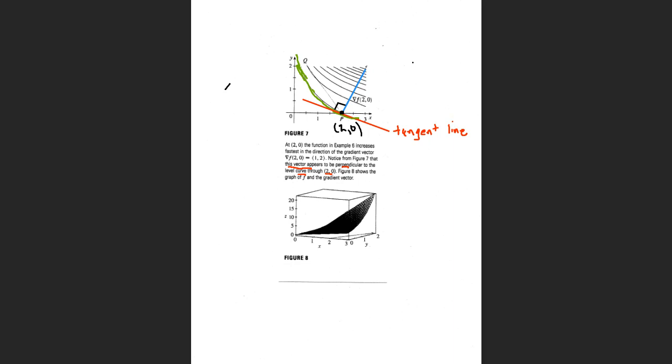At the point (2, 0), the tangent line and the level curve have the same slope. So that's why the gradient vector for the function at (2, 0) is perpendicular to the level curve at the point (2, 0). Okay, does that make sense? I'm trying to phrase it very carefully.